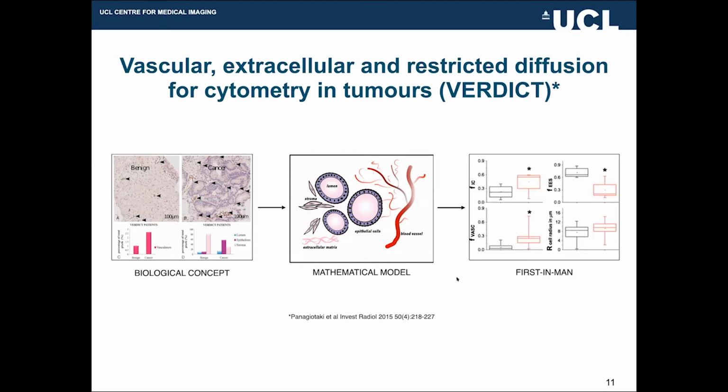This will then allow you to generate a number of different metrics from the model, which you hope will be better at discriminating between significant and non-significant tumors in men with a clinical challenge.